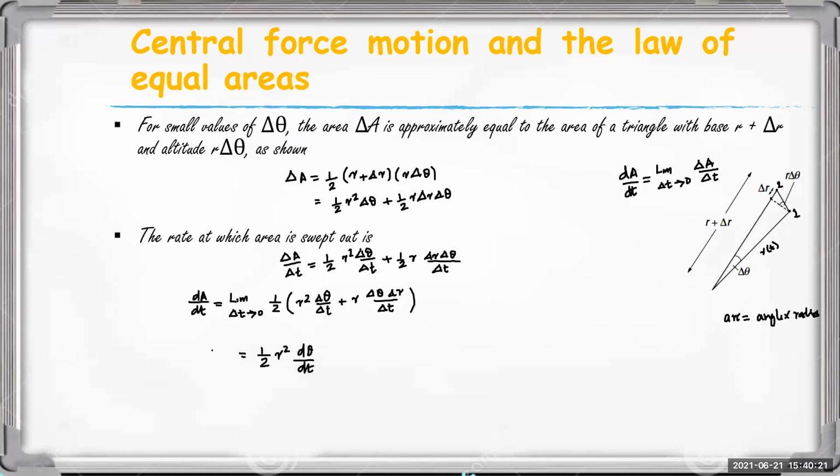So dA divided by dt is equal to 1/2 R square d theta by dt.